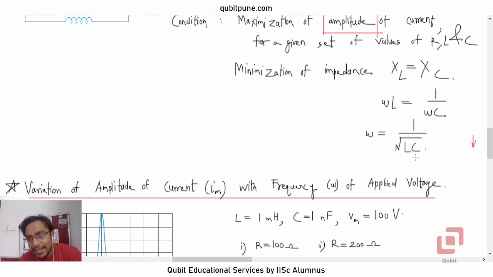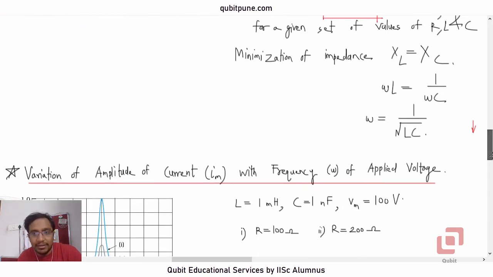It is actually C that we change in tuning the radio circuits. When we tune the knob, it is actually the capacitor C that changes, and then it can catch the frequency of that particular radio station, and then the current amplitude increases, and then you can hear the signal, whatever is being said on the radio.